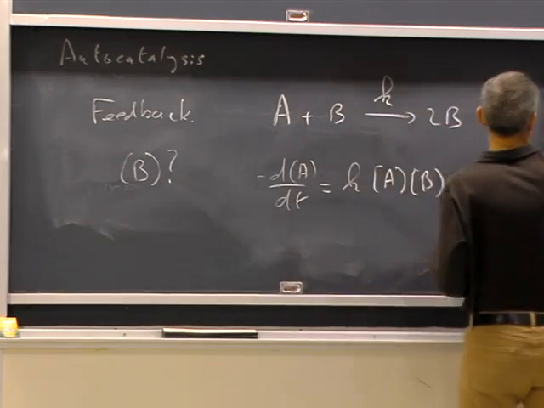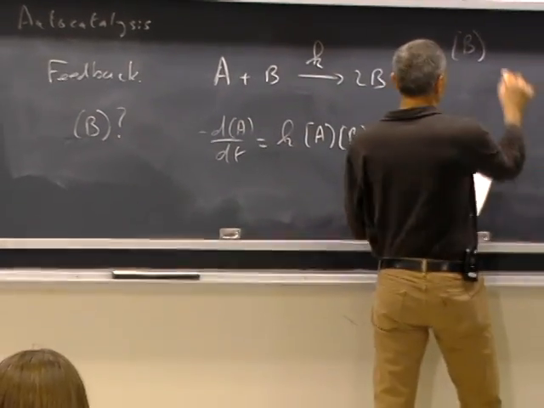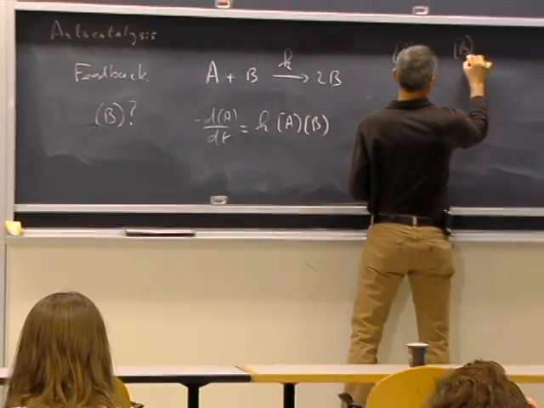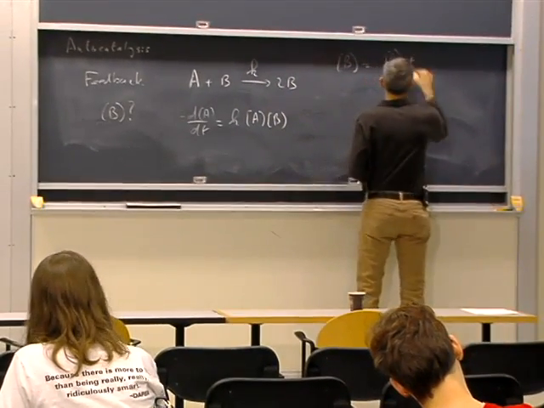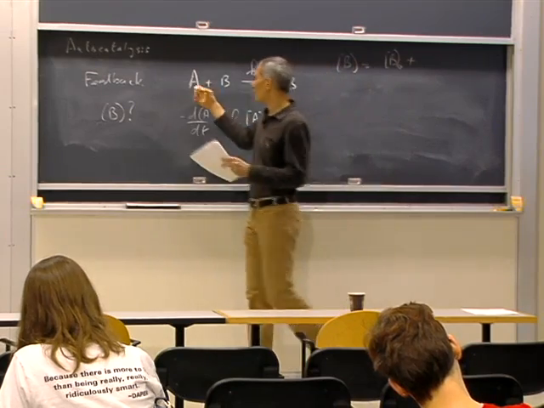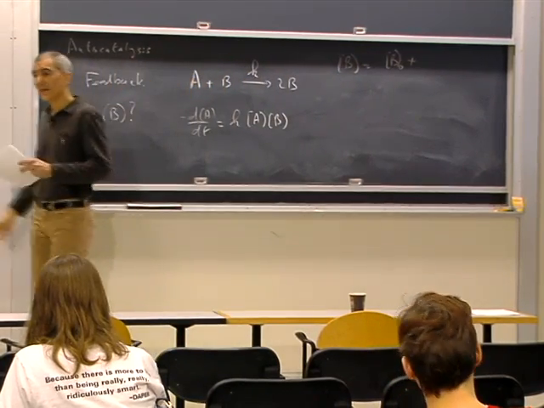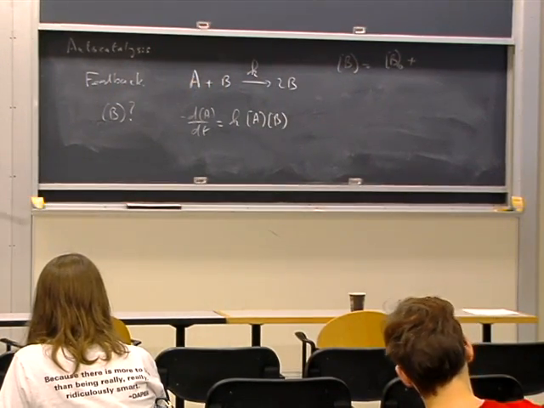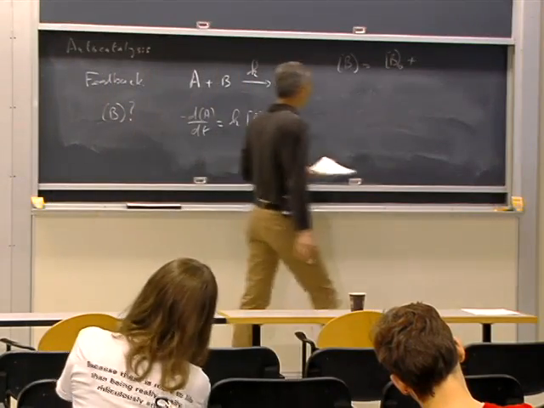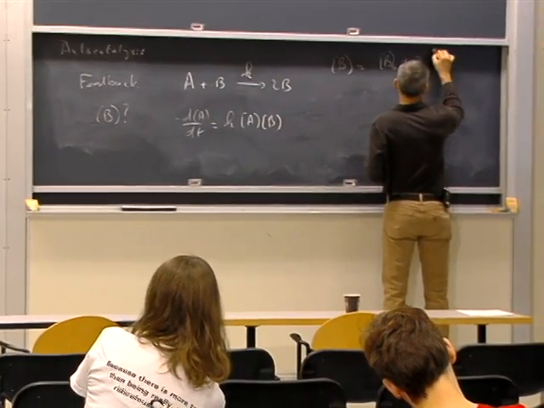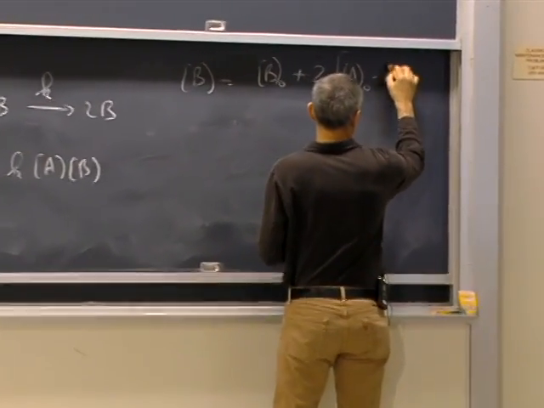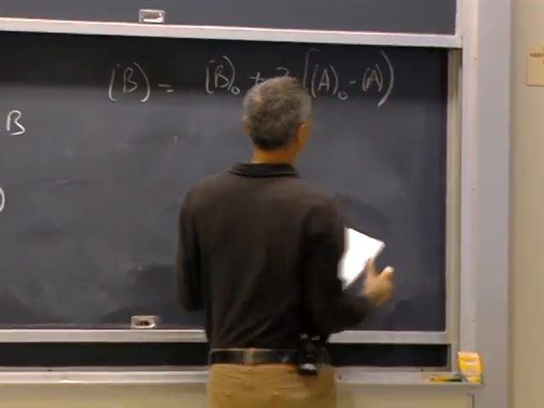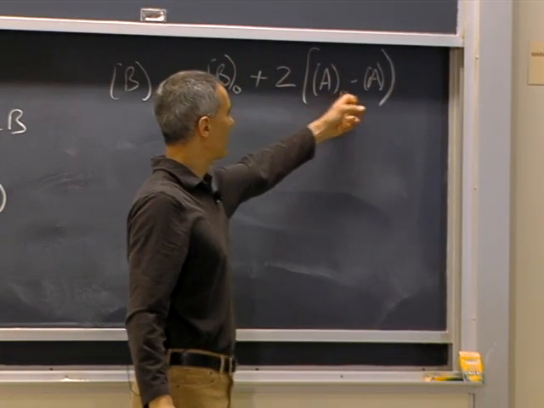The concentration of B is the concentration of B that you started out with, B naught. Then every time you destroy an A, you create 2B, right? So it's plus 2 times the amount of A that you've destroyed, A naught minus A. Okay. A naught is what you start out with. This is what's left over.